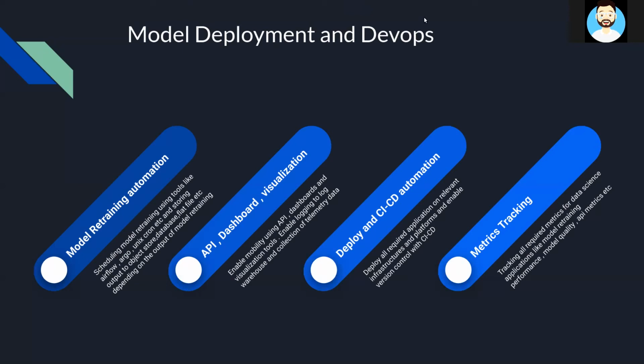One of the steps is model retraining automation. What is model retraining and why is it required? Now you have a working model, but how long will that model be effective? Let's reconsider the example of the memory consumption. Let's say you have a working model deployed and it's working perfectly for 1 month, say 2 months.